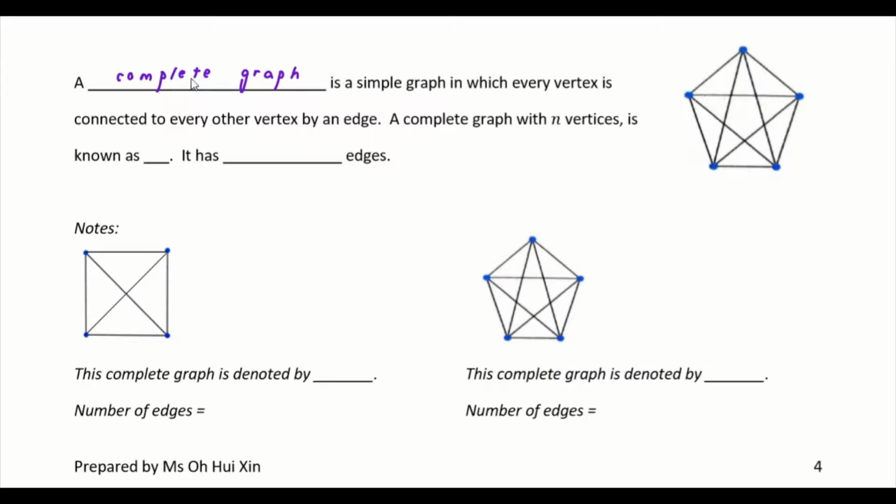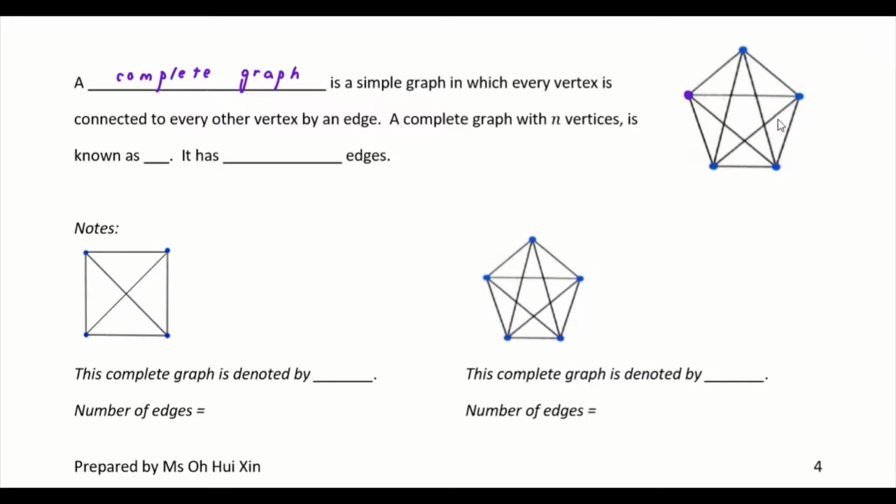For a complete graph, you need to have every vertex connected to every other vertex by only one edge, which, to put it in other words, means that every vertex must be adjacent to every other vertex. So you can see for this example, when I look at these vertices, all have edges that directly connect these vertices to other vertices.